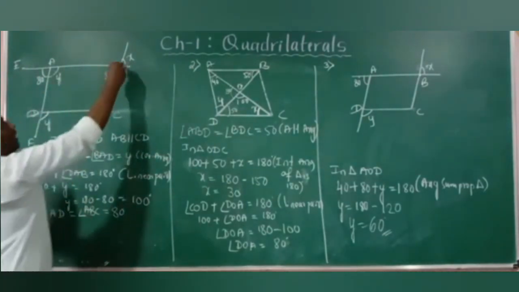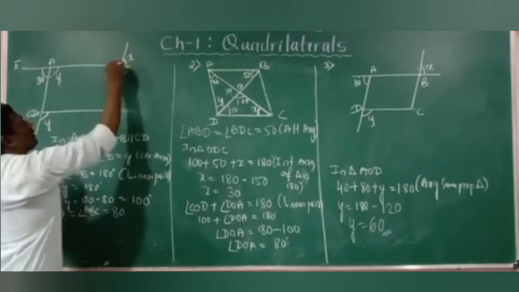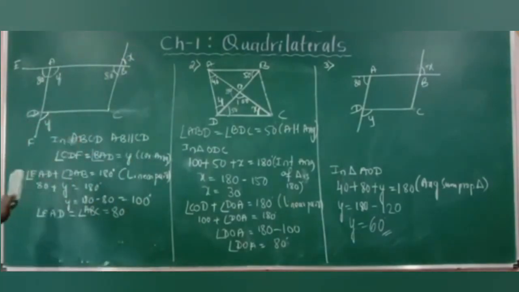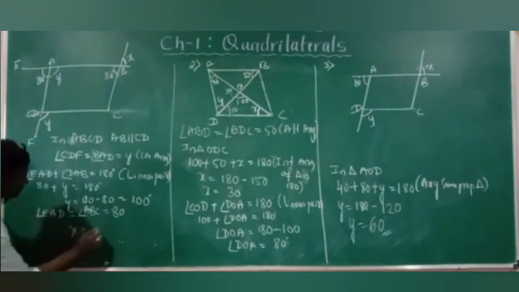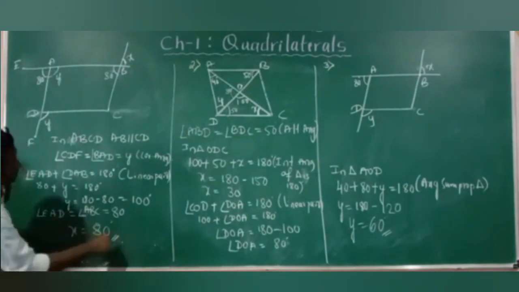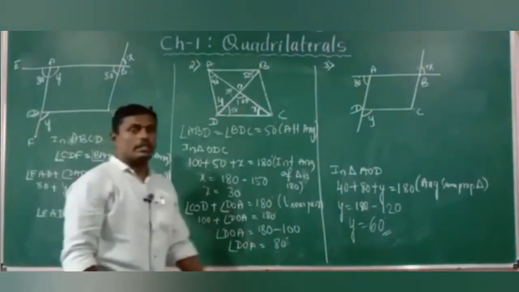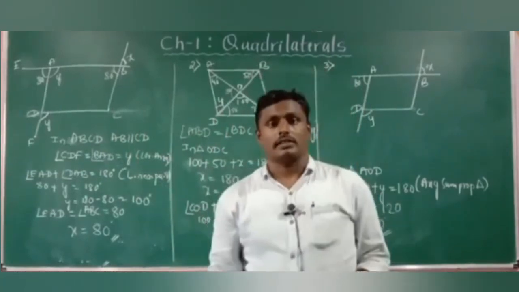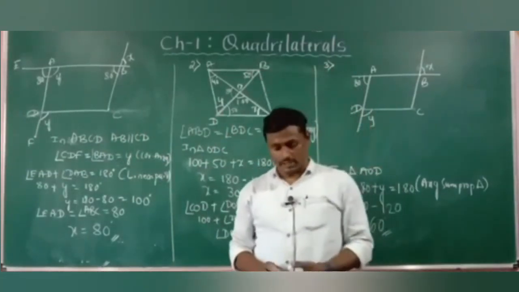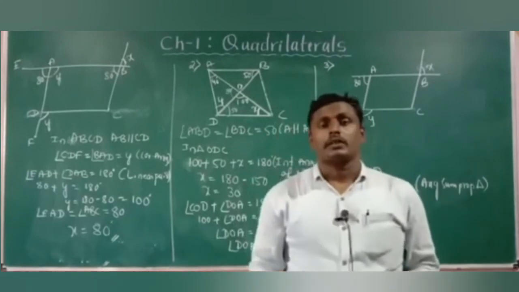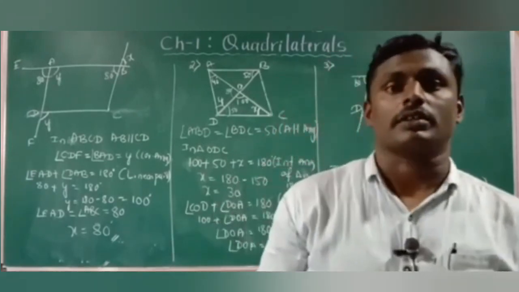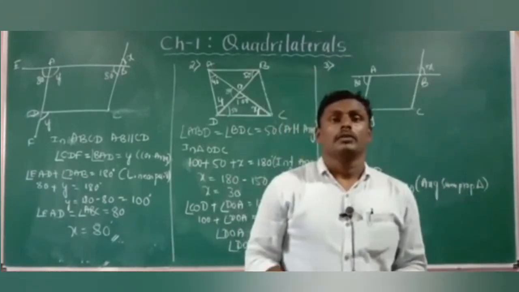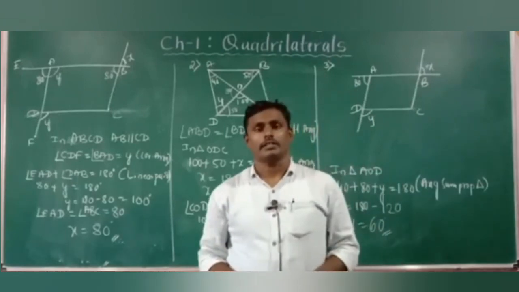So again, these two are vertically opposite angles. Therefore x is equal to 80 degrees. So these are some questions I selected from your exercise. Okay students, practice the remaining questions. Okay, be happy, have a nice day, thank you.